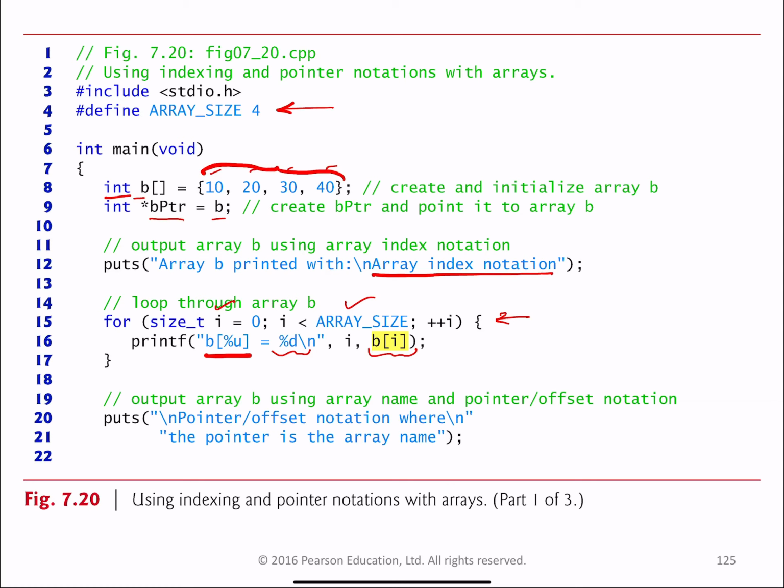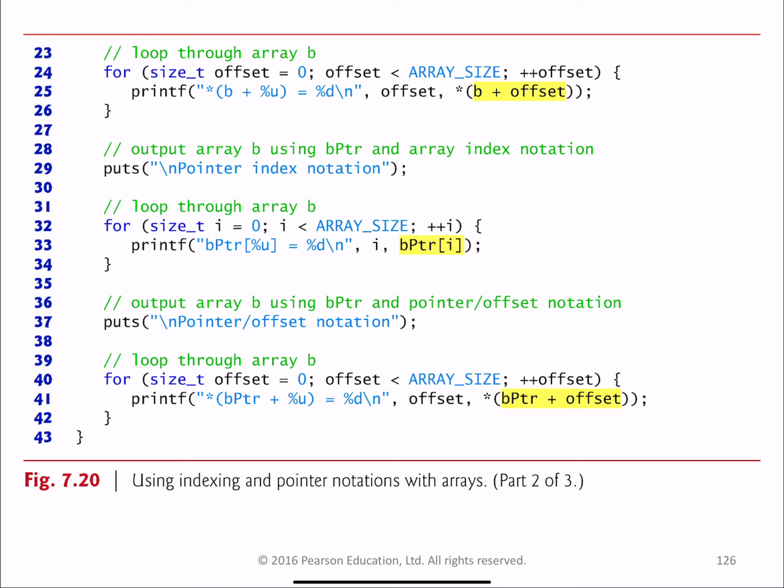Next, we try accessing all 4 elements, this time using the pointer offset notation. Everything over here, the loop structure, etc., is the same. But look how we're accessing the 4 elements. b is the name of the array, being used kind of like a pointer.